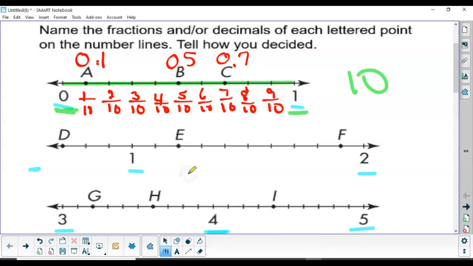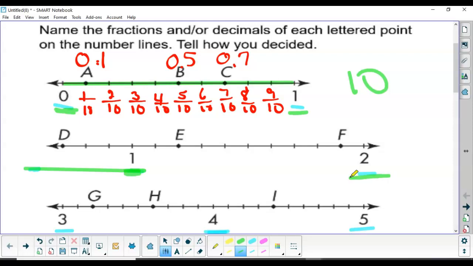Okay, let's look at our next number line. Now, I don't know what it's broken into if I'm looking at this front piece because I can't see the beginning. They only gave us a partial piece of this line. So I need to look at the part that I do know. I know that I have the entire part from 1 to 2.